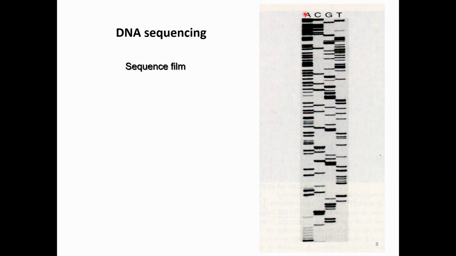This is the dideoxy A column in electrophoresis, dideoxy C, dideoxy G, dideoxy T, and the smaller ones go further. So as you read up this sequence, you can actually just read off the bases by looking where the band is, okay? And that is called Sanger sequencing.